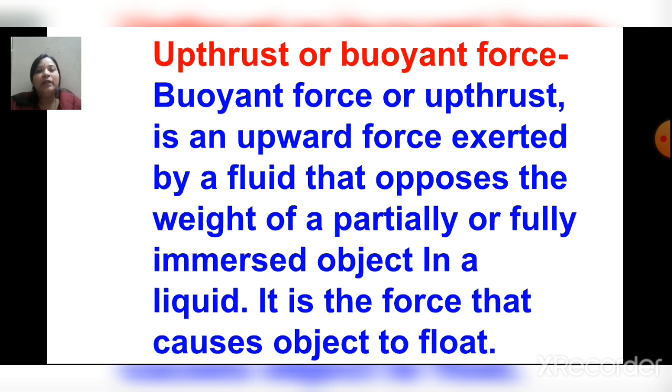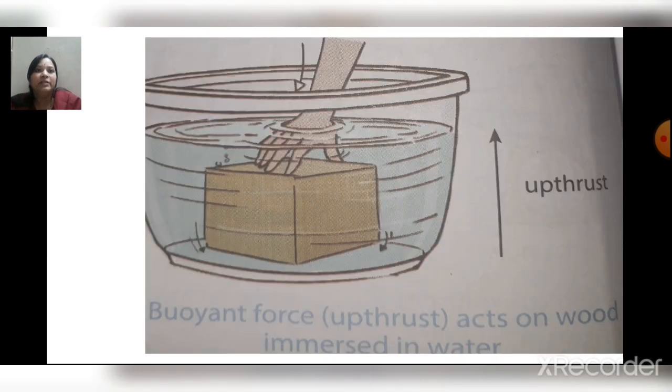It depends on the density of the thing also, because things which are denser tend to sink, and things which have less density tend to float in water, right? Which we have already seen. Now this is upward. As you can see the arrow, that force acts in the upward direction. That's why the body tends to come upward. So this is the buoyant force or upthrust.